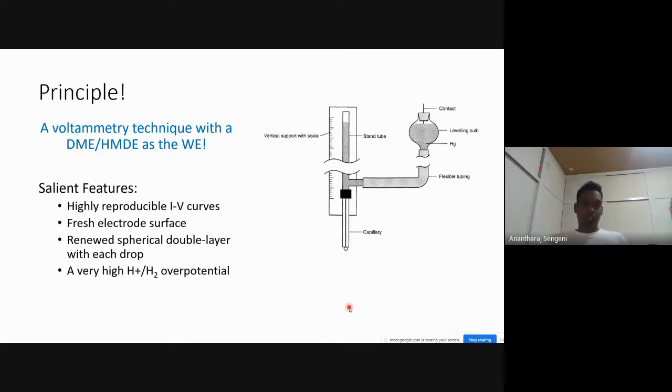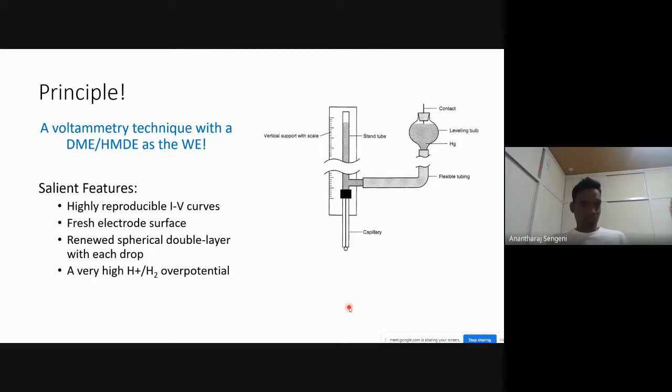One is that the surface will get poisoned, or the surface may have been chemically changed because of the first cycle of electrochemical reaction, or there could have been significant depletion of electroactive species at the interface, and the double layer could have also grown thicker, which makes the diffusion of electroactive species to the electrode surface even more difficult, so that the IV curves with a static planar electrode or disc electrode are never reproducible.